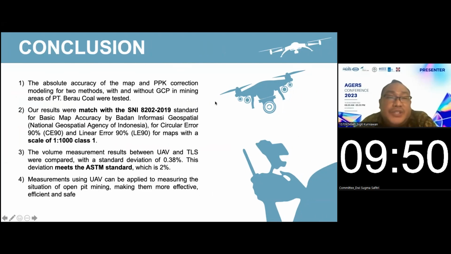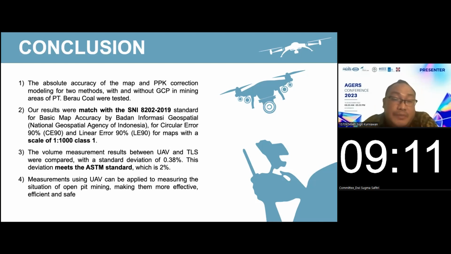So the conclusion: the absolute accuracy of the map and PPK correction modeling for two methods, with GCP and without GCP, in the mining areas of PT Brokol were tested. Our results matched the SNI standard from Badan Informasi Geospasial for CA90 and LA90 format with a scale of 1/1000 class 1.